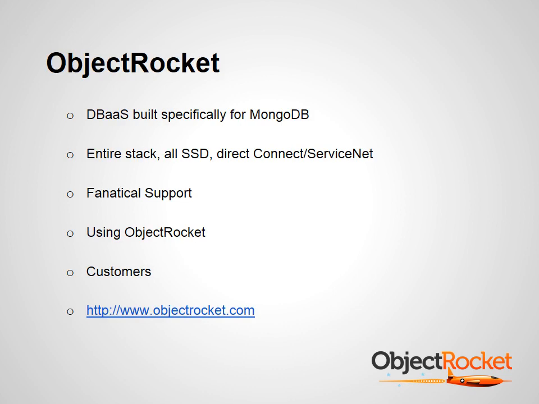So what is ObjectRocket? ObjectRocket is a database as a service. I think what makes it quite a bit different than other services out there is it was built specifically for MongoDB. So what does that mean? That means that we didn't go out and provision commodity storage or cloud storage to back MongoDB instances. We actually designed from day one a hardware and software stack specifically for MongoDB. So literally, our racks are filled with computers purpose-built for Mongo.